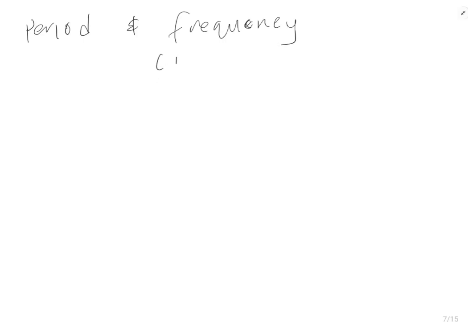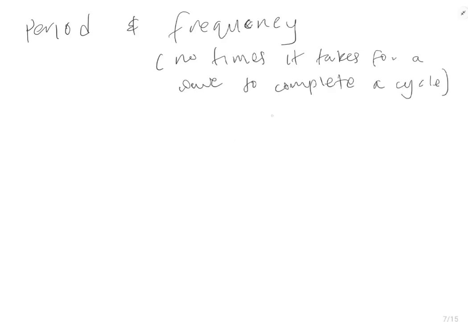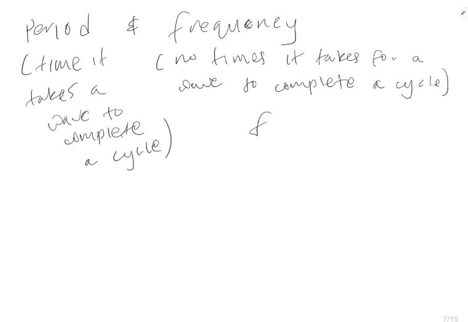The frequency is the number of cycles a wave completes per second, and it is represented as f. The period is the time it takes a wave to complete a cycle, and it is represented by T. The way we link them is f equals 1 over T.